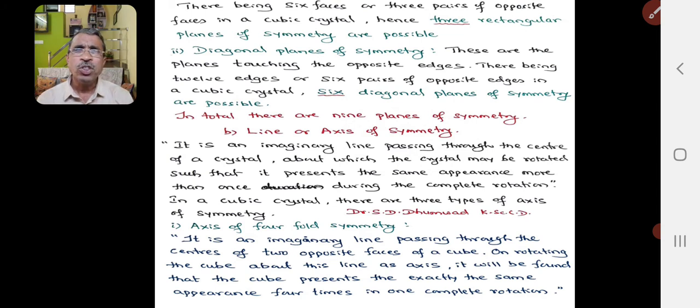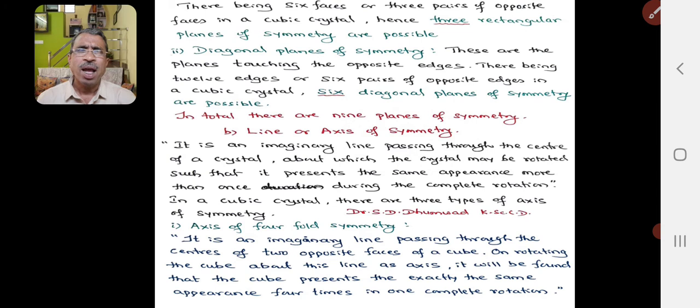Imagine a cube. In a cubic crystal, there are 3 types of axis of symmetry.